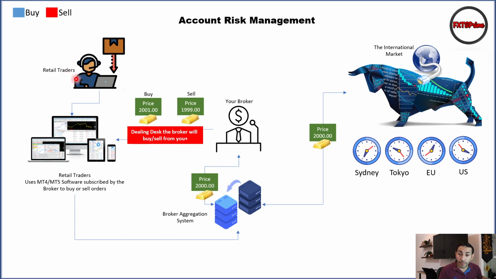So you're going to open your order with an ECN type of broker, a different type, not the market maker. We call the market makers dealing desk. The non-dealing desk ones are the ECN brokers. By the way, a broker can be both ECN and dealing desk, and if your broker is doing both, no issues with that, but make sure your account is ECN, not market maker, not dealing desk.